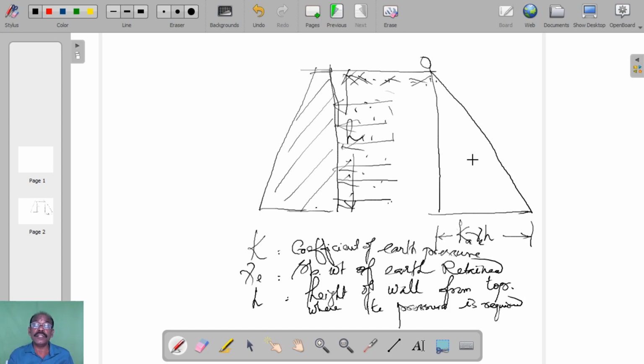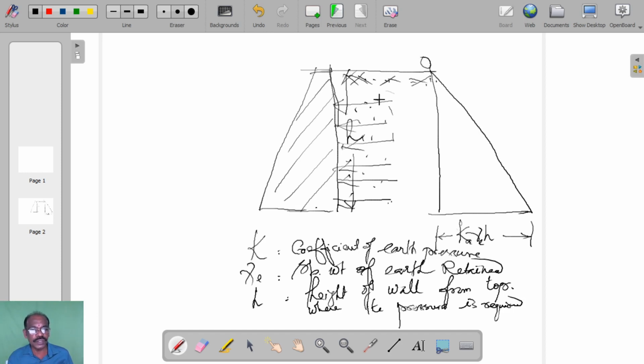Because of the earth pressure, the wall will turn outwards. So this is nothing but active earth pressure. This is the general case. Because of the earth pressure, the wall tends outwards.